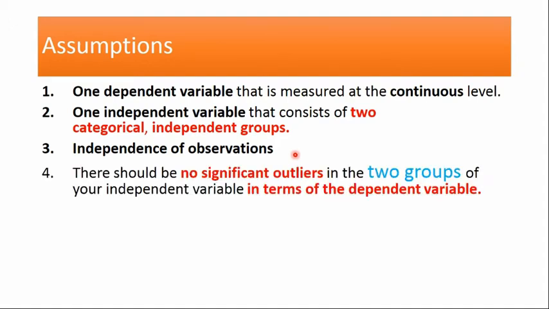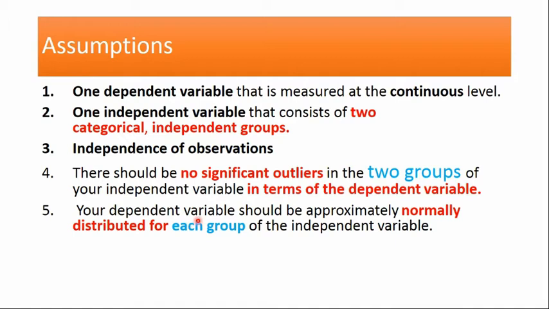Fourth assumption, there should be no significant outliers in the 2 groups of your independent variable in terms of the dependent variable. Friends, please note down, when you are going to check for outliers, you have to check the outliers for each group, not combined.